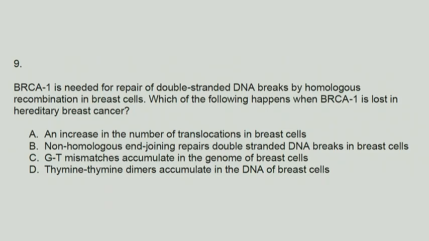And then finally, thymine-thymine dimers accumulate in the DNA, yes or no? No, they aren't going to accumulate, right? Because this is resolved by nucleotide excision, right? We haven't done anything that's going to affect the nucleotide excision pathway. The only thing we've done is affect the homologous recombination pathway.